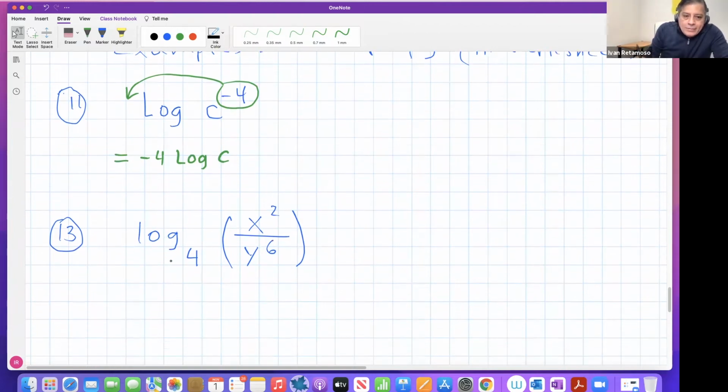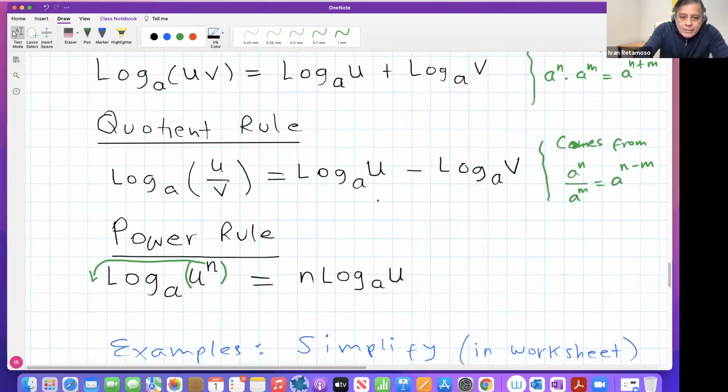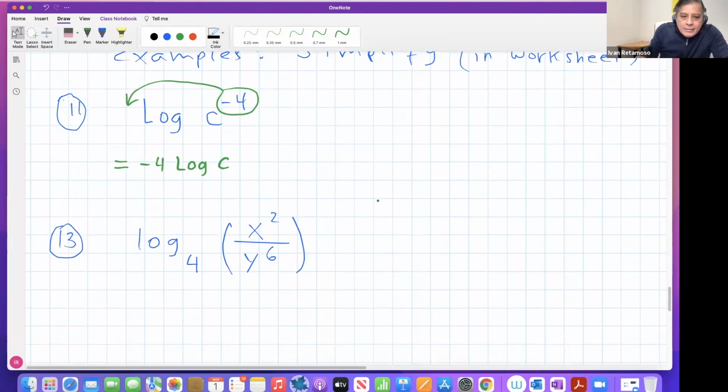Suppose they ask you to simplify log base 4 of this quotient, x to the second power divided by y to the sixth power. Well, recall that the log of a quotient is equal to the difference of the logs. We saw it here. So you start with that: this should be equal to log base 4 of x squared minus log base 4 of y to the sixth power.